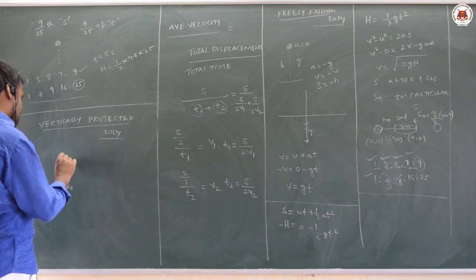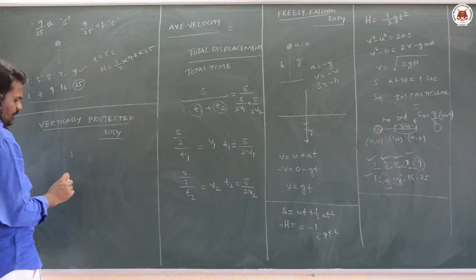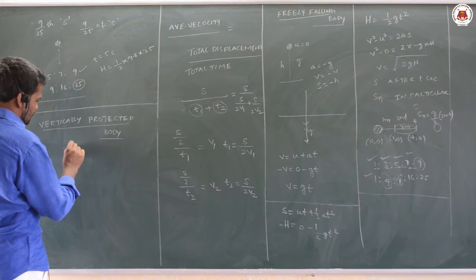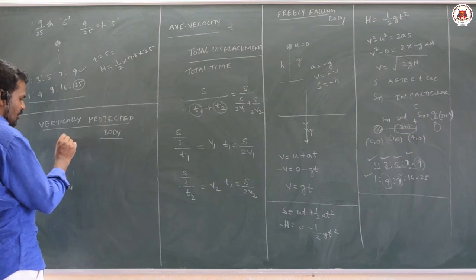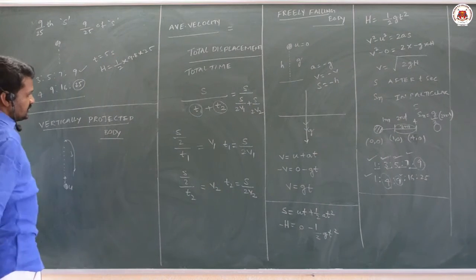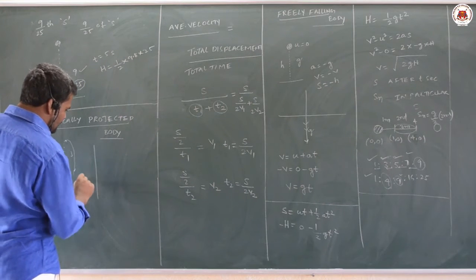It moves upwards and acceleration acts downward. Therefore, in this case its final velocity becomes 0 and again it comes back. So, in this case again you take the sign convention.